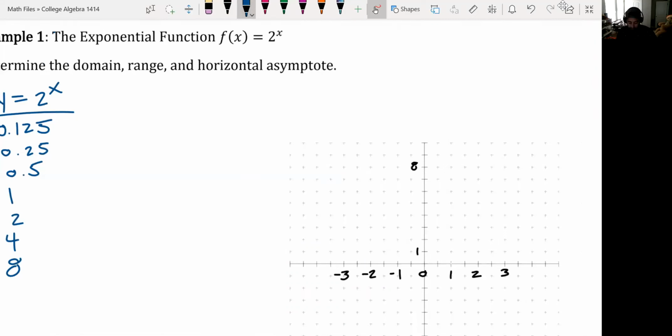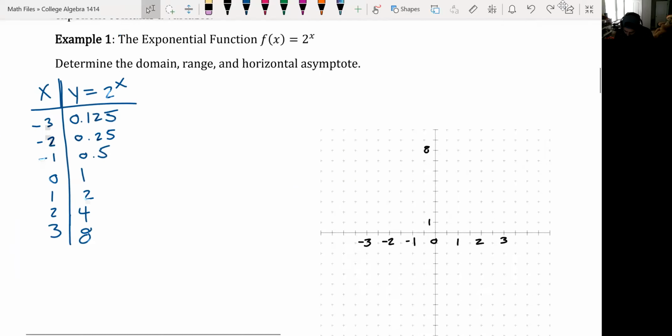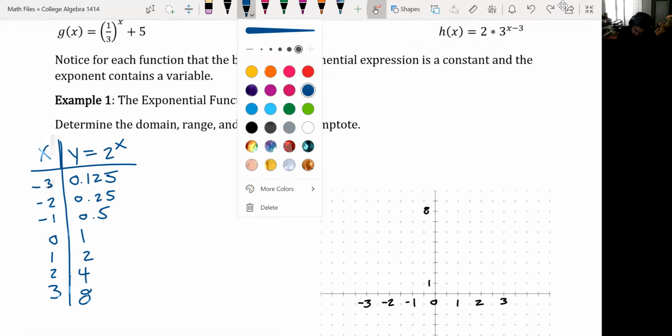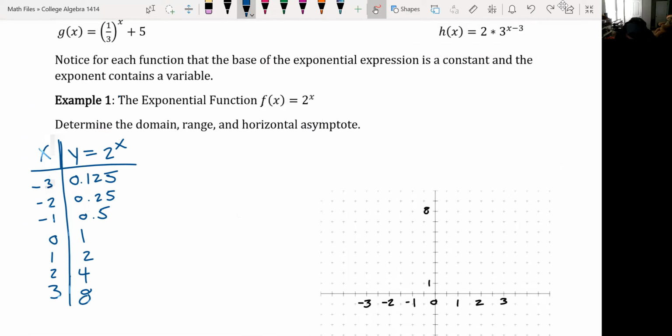So at -3, I'm at 0.125. So that's basically, let's see, going to be too big? Yeah. We'll say right there.